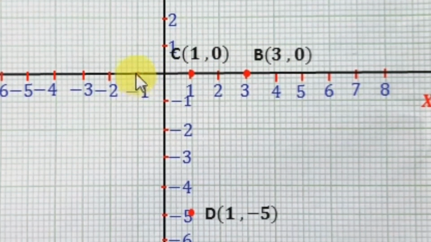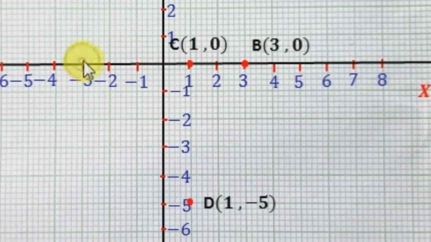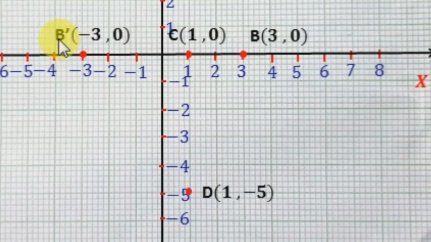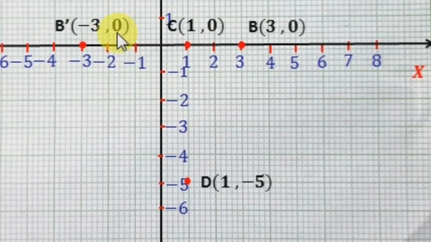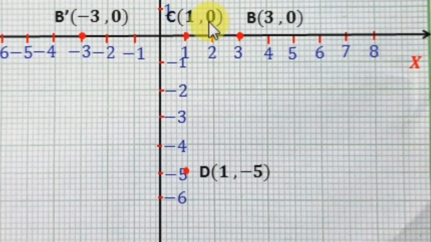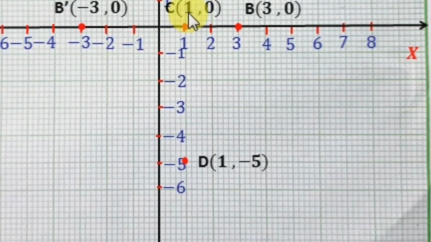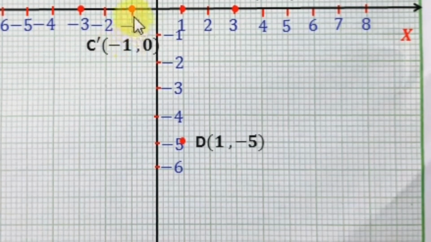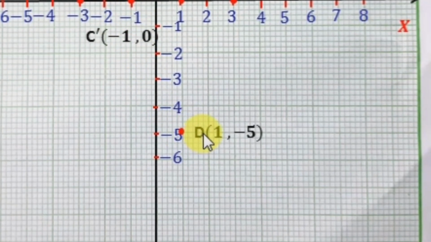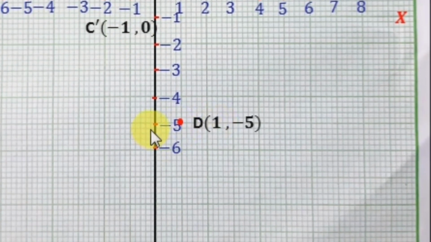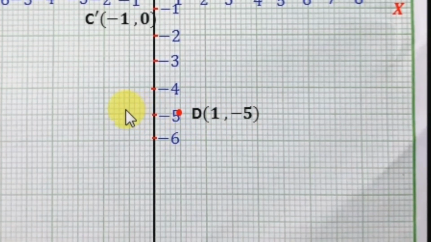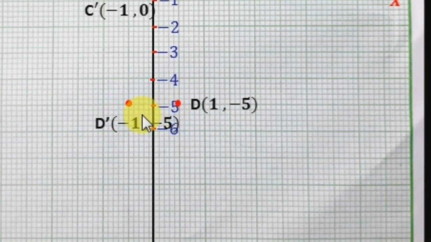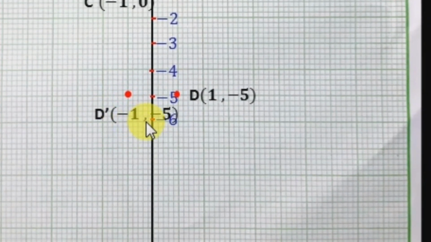So -1, -2, -3. This is your B dash, which is (-3, 0). For C, +1 becomes -1, so C dash is (-1, 0). And D, +1 becomes -1, -5 remains the same, so it's here. So your D dash is (-1, -5).